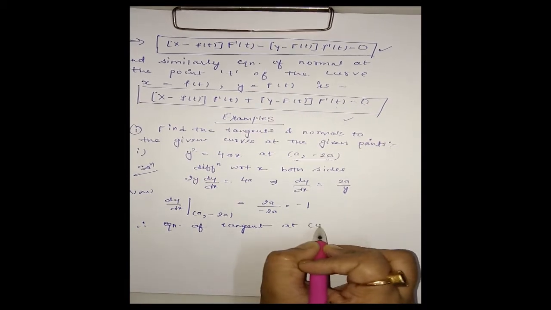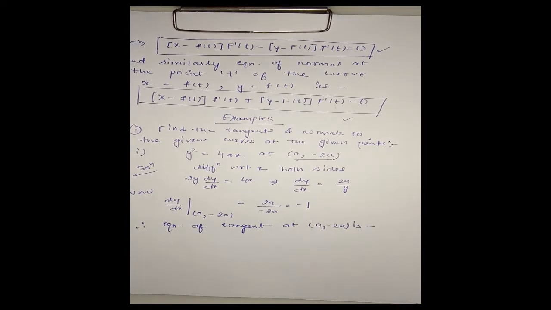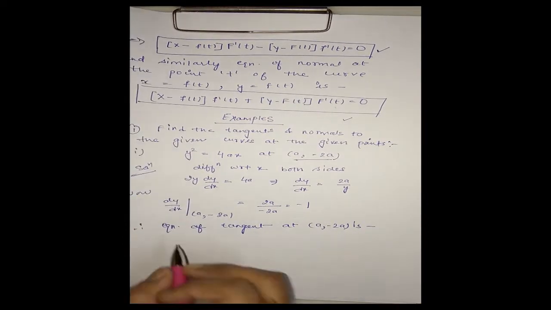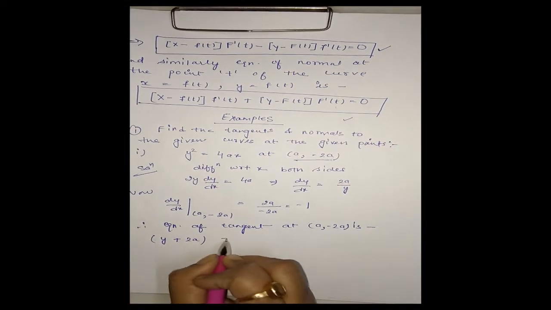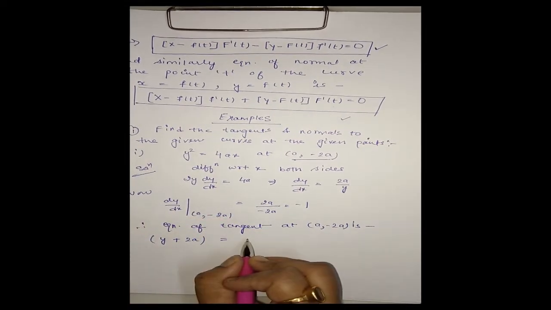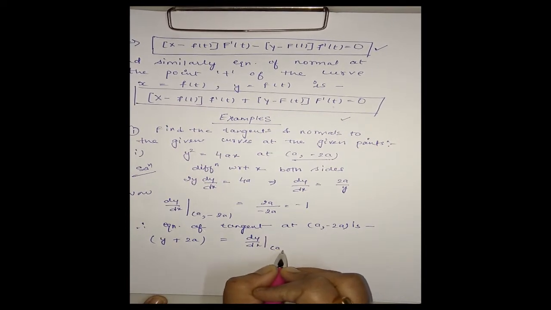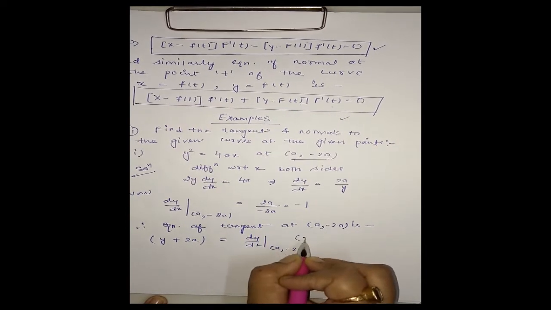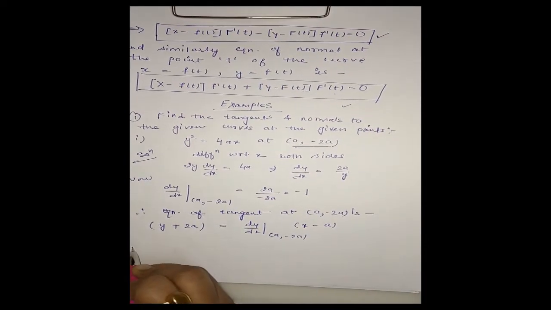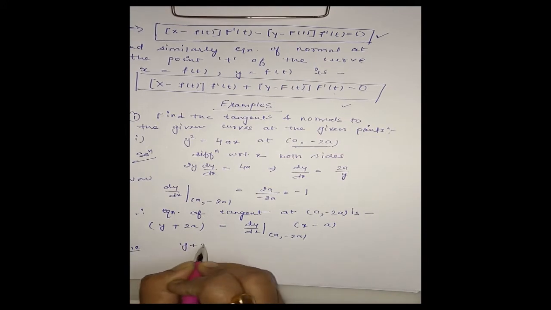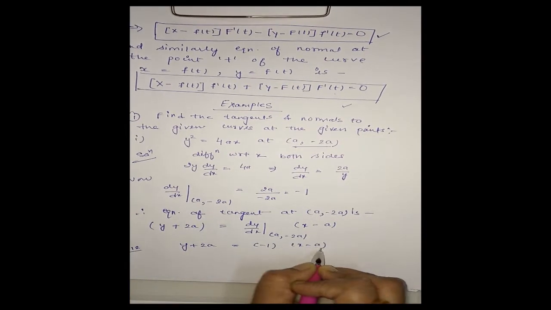at the point a, minus 2a is given by y plus 2a is equal to dy by dx at the point a, minus 2a into x minus a. That is, y plus 2a is equal to -1 into x minus a.